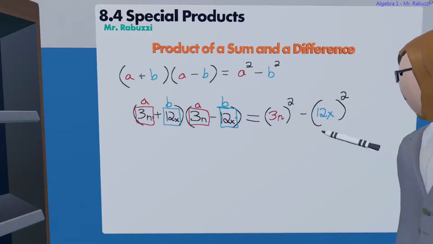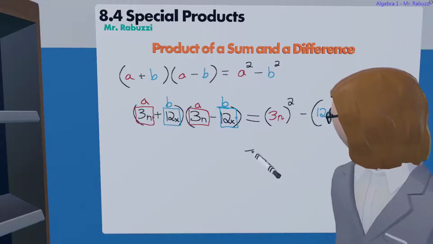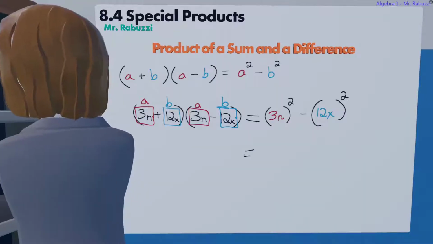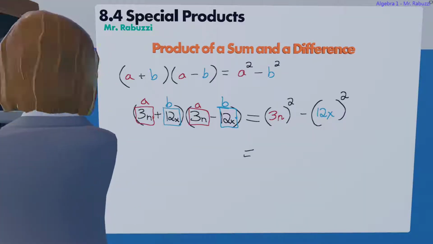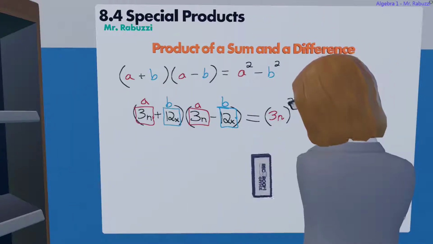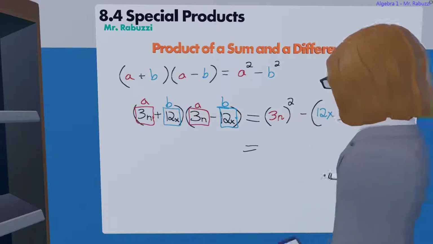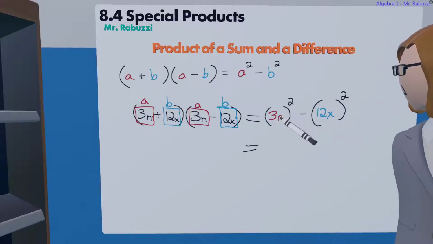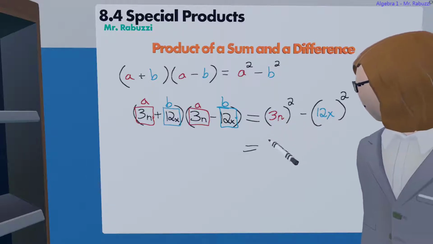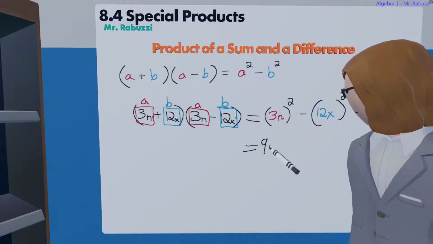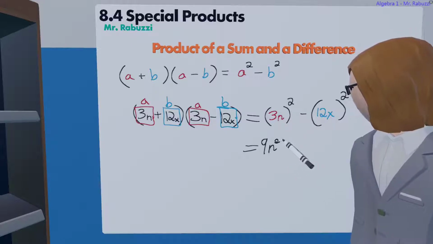Okay. So this is going to equal 3n squared. Okay, 3 squared. That's 9. N squared. That's n squared.